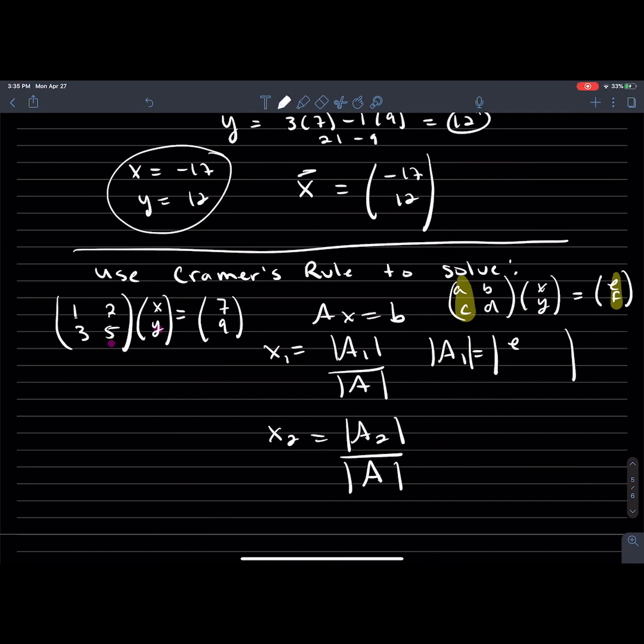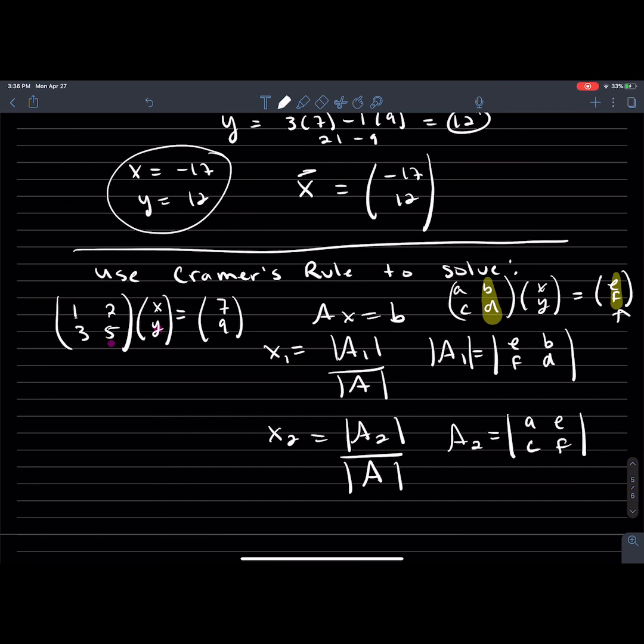So it's e, f, b, d, where the second column stays the same. The determinant of a2, you just do it for the second column. So instead of putting e, f in the first column, for the second one the first column stays the same, a, c, and the second column gets replaced with your B, which is your e, f.